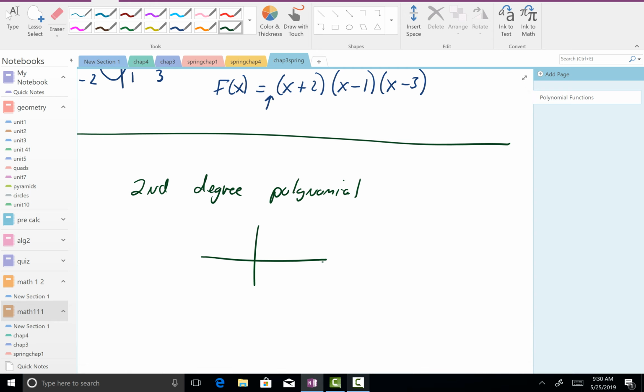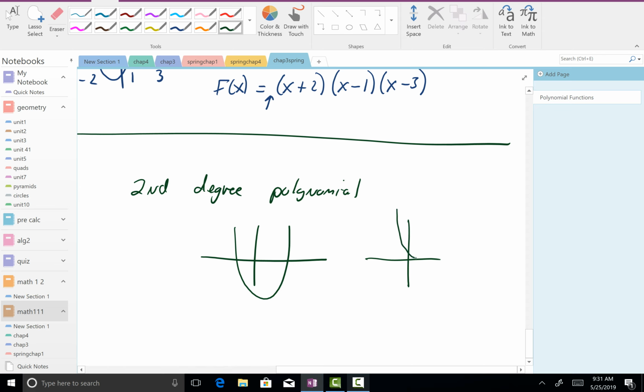Good. You're going to get a U. Like this. Like this. All those are second degree polynomials.